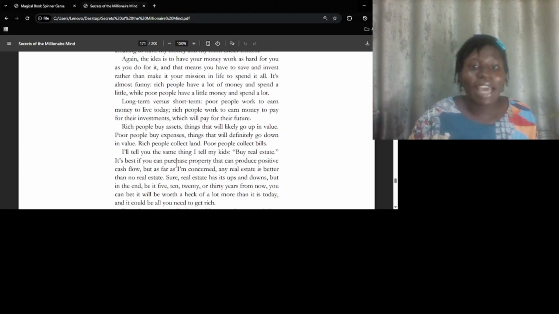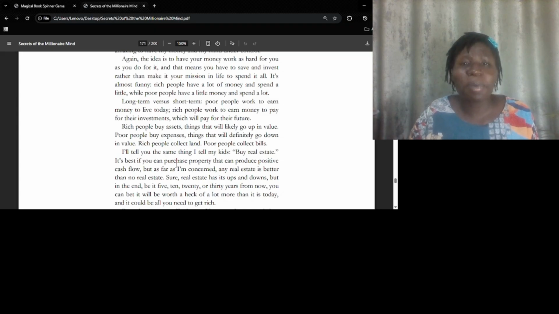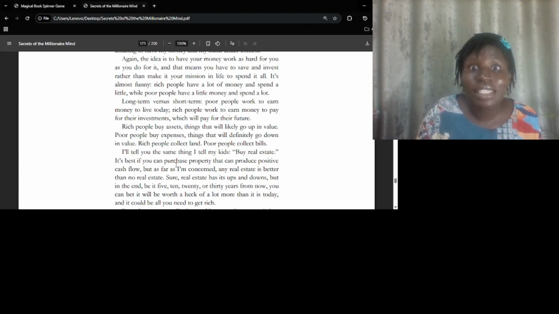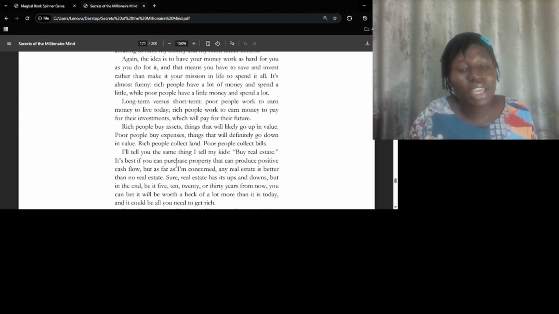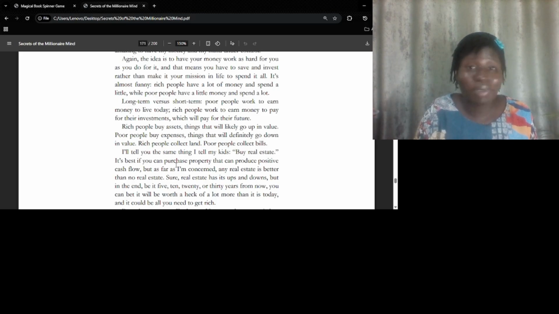The rich are buying assets while the poor are buying bills. Why? Stop being poor. And I'm saying stop being poor because it's a choice. You choose to be a rich-minded person, or you choose to have a poor mindset.